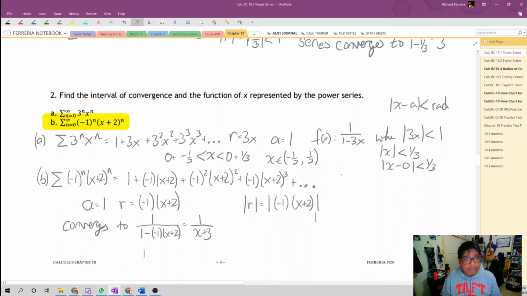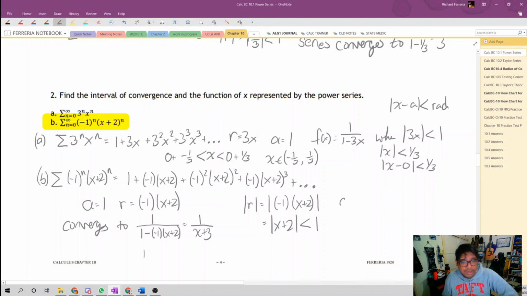The absolute value of the ratio is the absolute value of negative 1 multiplied by x plus 2, which is equivalent to the absolute value of x plus 2, which needs to be less than 1. Now this already looks like the form of x minus the center is less than the radius.